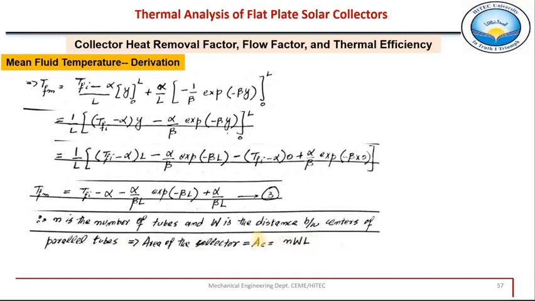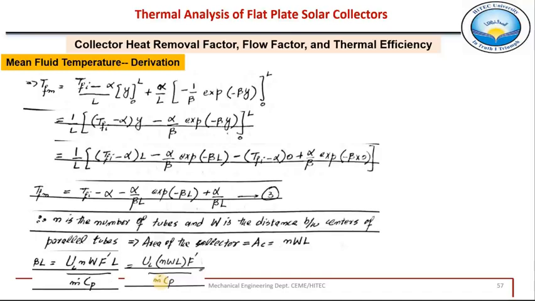So we shall introduce this term AC in this equation, because we already have defined what is B or beta into L. So now here in this equation, N W into L represents the area of the solar collector. So we have separately written NW into L, right? And that is the collector area.